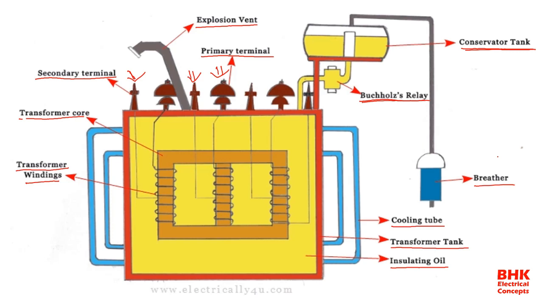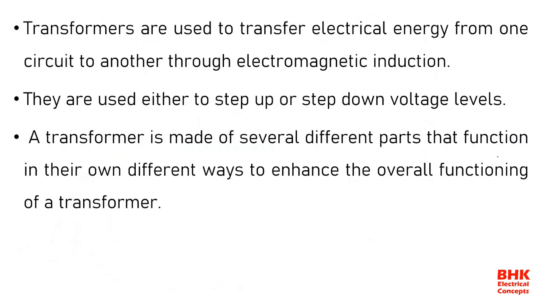Then you will know what is happening in the transformer to step up and step down the voltage levels. Before we explain the individual parts, first we are going to discuss some most important key points, and after that we are going to enter into the individual parts.